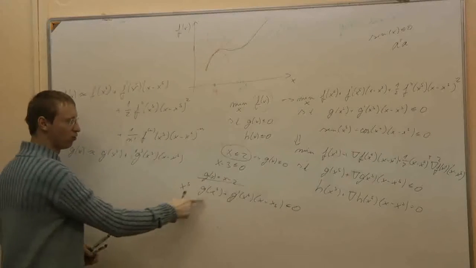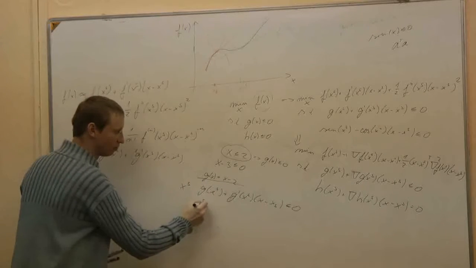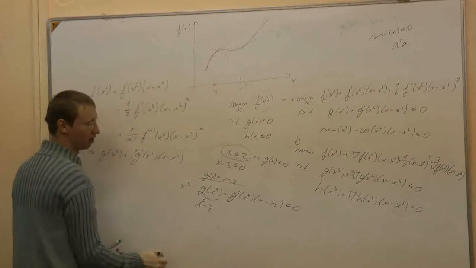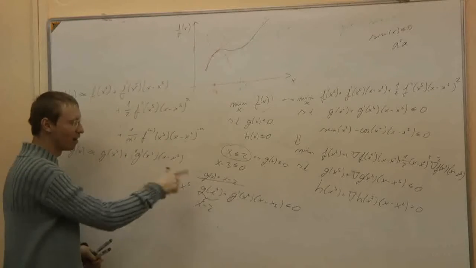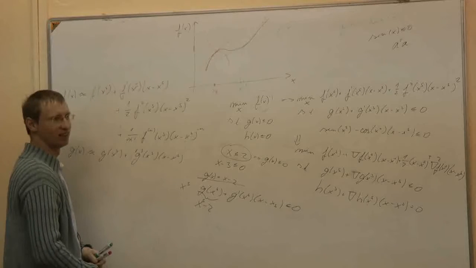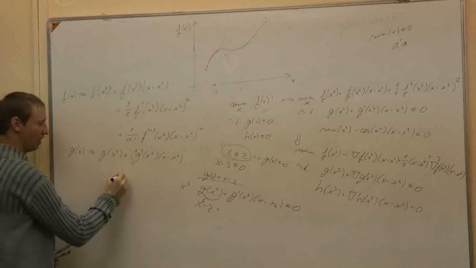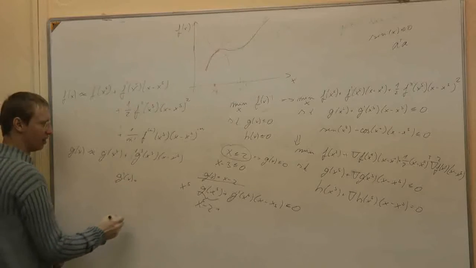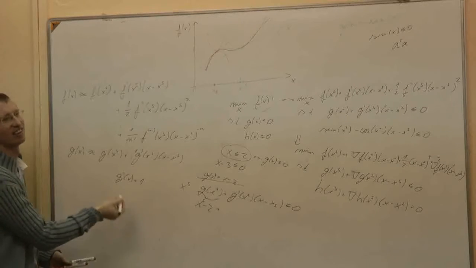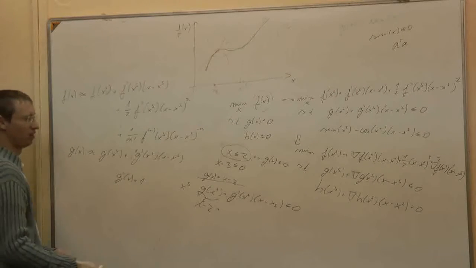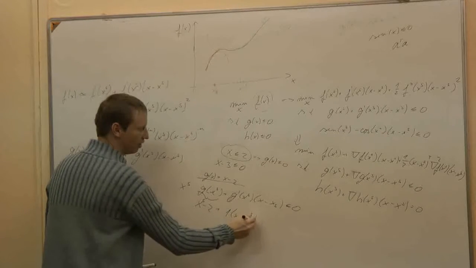Okay? g of xs is what? xs minus 2. That's this term. What is the derivative of g? That's 1 evaluated at xs. The derivative of g of x is just 1. Evaluated at xs it is still 1 because x doesn't appear here, so that's plus 1 times x minus xs.